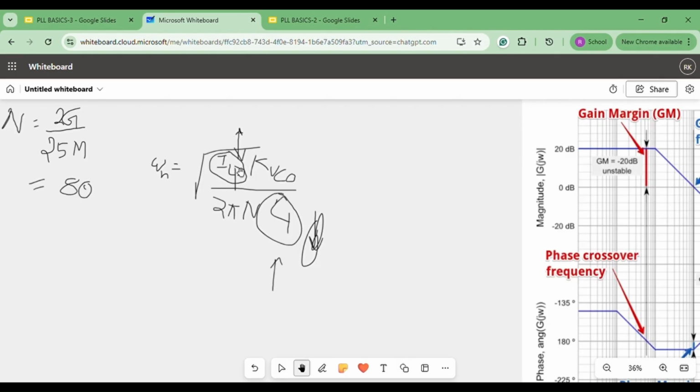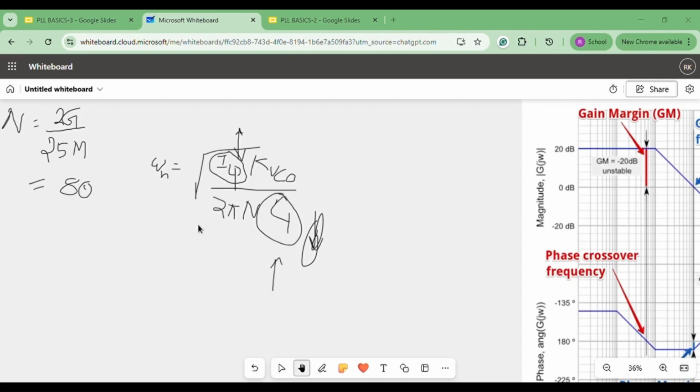So if we reduce ICP, and basically after the first cut run, I was getting some more phase margin frequency, which is our derived bandwidth. So what I have done is I have tweaked the cap and ICP. I have reduced the cap value and increased C1 to get our desired bandwidth.